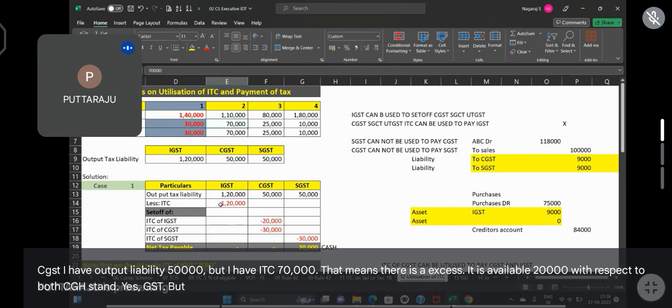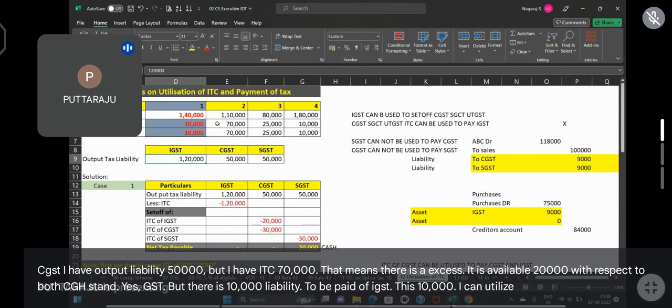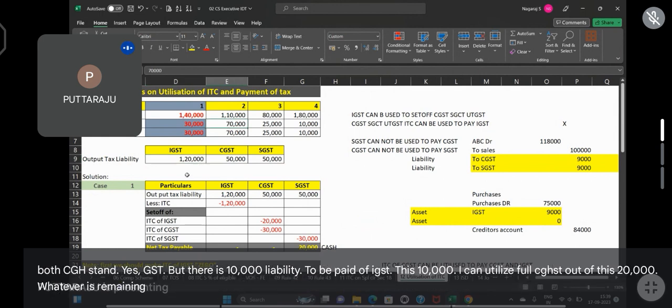But there is 10,000 liability to be paid of IGST. This 10,000 I can utilize fully from CGST out of this 20,000, or I can utilize 1 rupee here and 19,999 from SGST. Any proportion you can use.